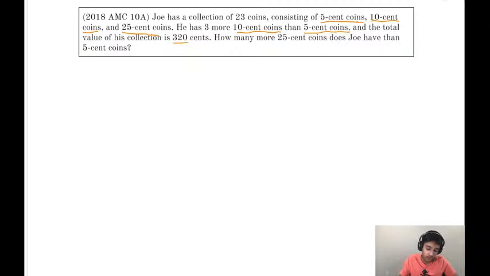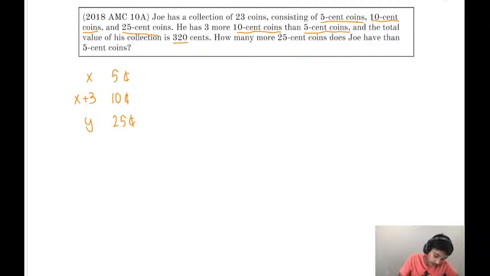So 23 coins. Let's say he has X 5-cent coins. Then he has X plus 3 10-cent coins, because he has 3 more 10-cent coins than 5-cent coins. And he also has some 25-cent coins, say Y. We're given that these sum to 320.